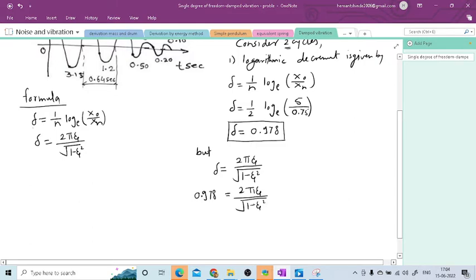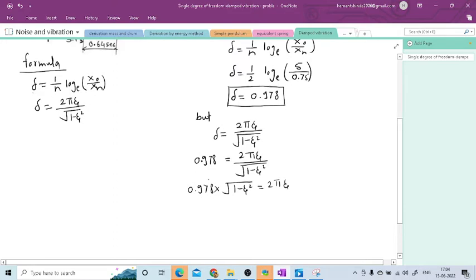Now to solve this one, I'll transfer this denominator to the left side. So 0.978 into root 1 minus zeta square will be equal to 2 pi zeta. Now to make the calculations, square on both the sides.